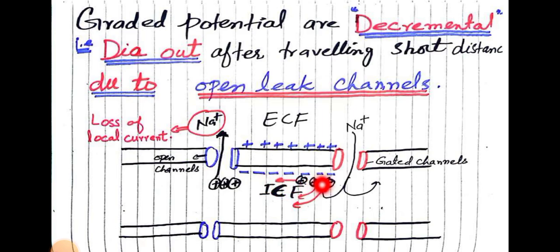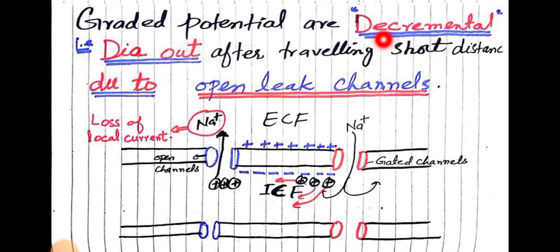But when these positive charges leak through the open leak channels of sodium, then internal negativity would be restored. And when there is no membrane potential, there would be no conduction of electrical current along the length of the axon. Simply, graded potentials die off. They are decremental, they gradually decrease.